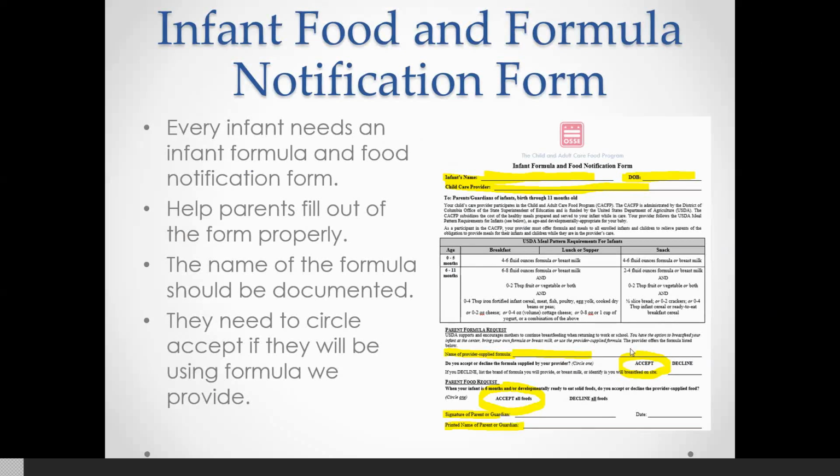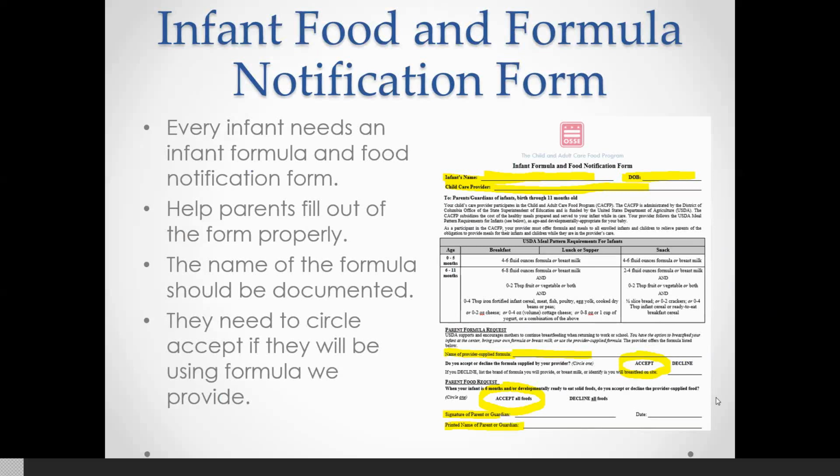Okay, so we left off here. So please help parents fill out these forms. Just remind them, or explain to them, that we do have to indicate which formula, which goes right here. The formula type, so say Similac Advanced, it would be written right here.